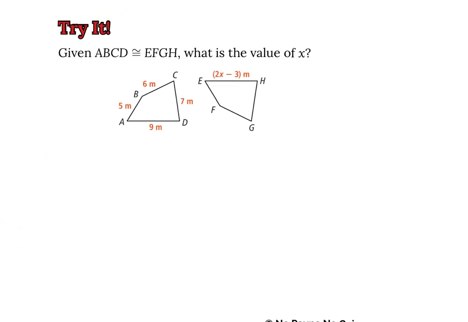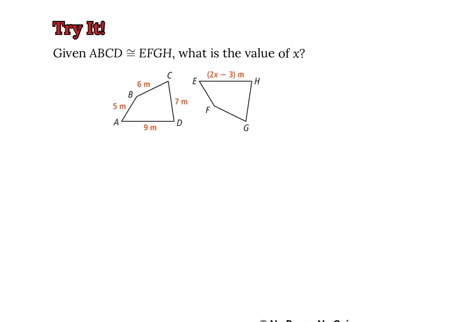Now let's look at the try it. We are given ABCD is congruent to EFGH. What is the value of X? So we know that side AD would have to be congruent to EH.